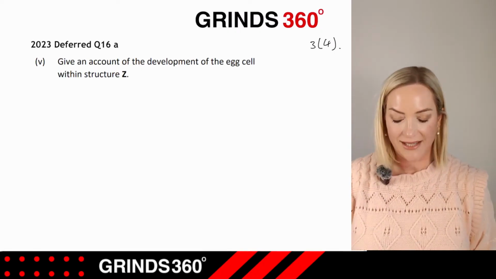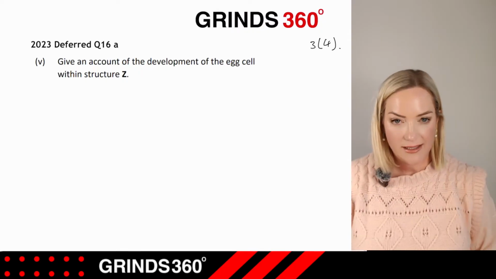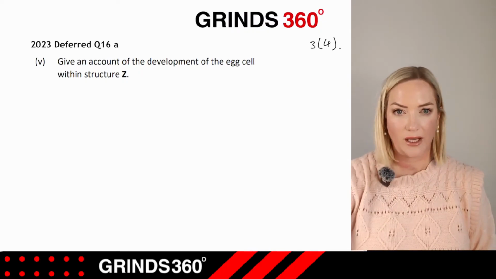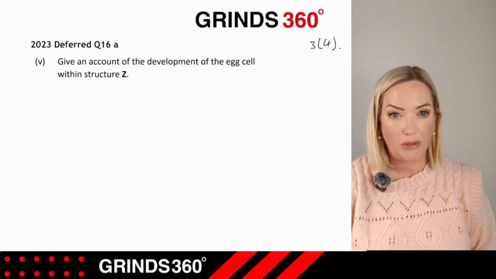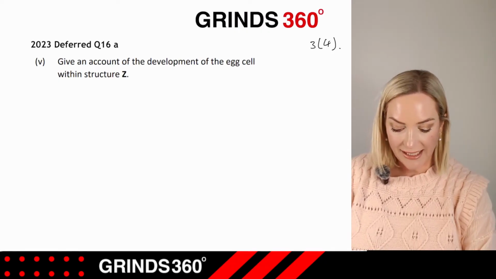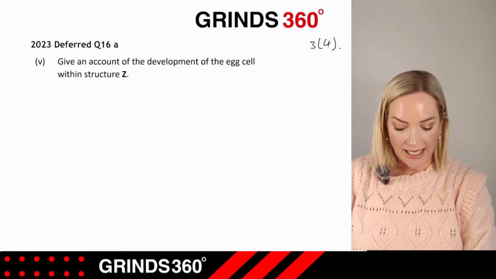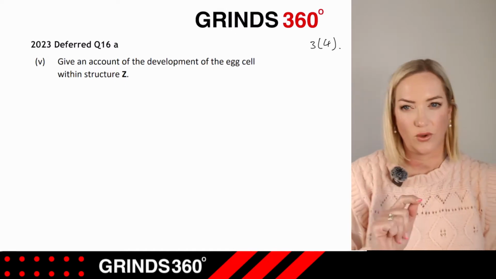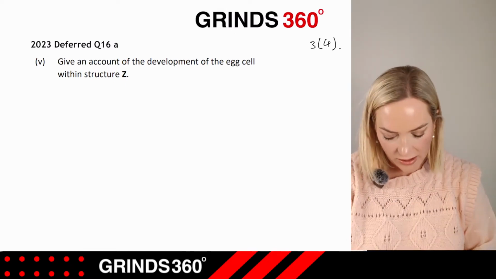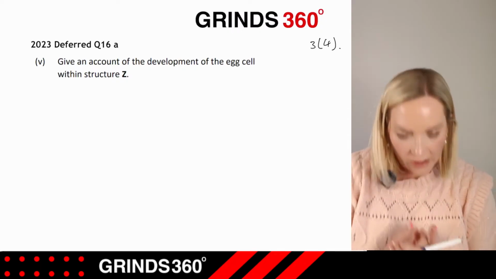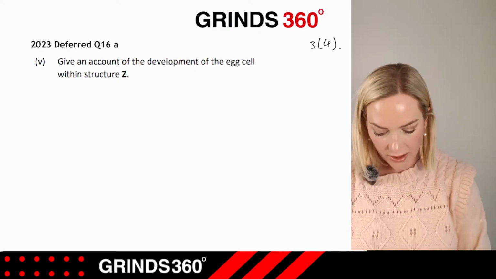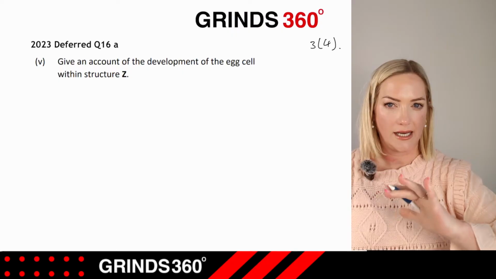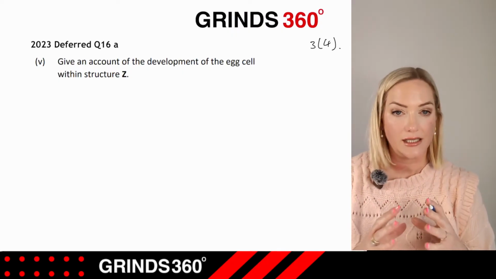So this can be answered with the diagram. This can be answered with text. So I'm going to do both. I'm going to answer, give the account of the development of the egg cell within structure Z, and you'll see what the other part of this question was as we go on. I'm going to do this one in bullet points, and then in the next one, I'm going to do it as a diagram.